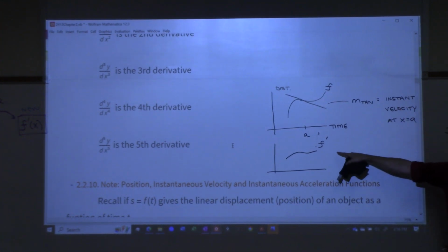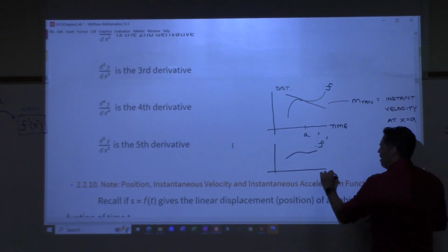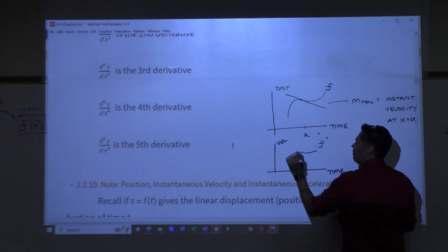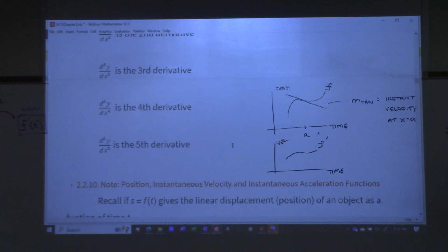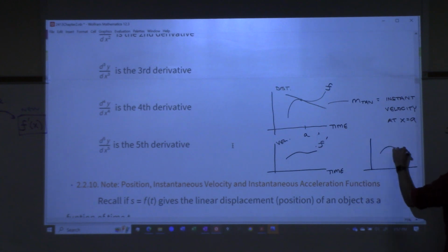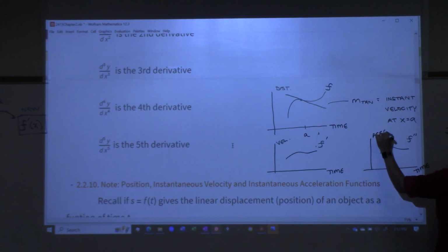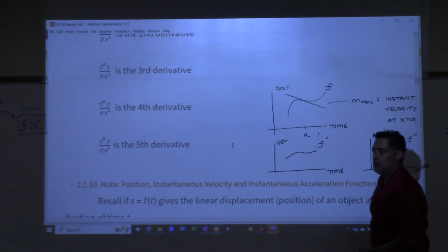This is velocity, which means this is time and this is velocity. So what would the second derivative be? Whatever that graph looks like, this would be time and this would be acceleration.